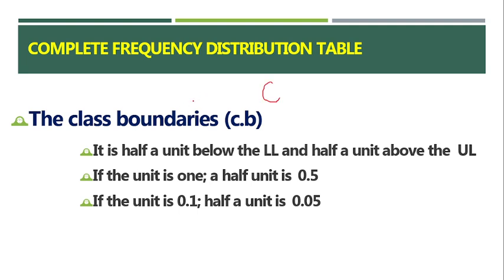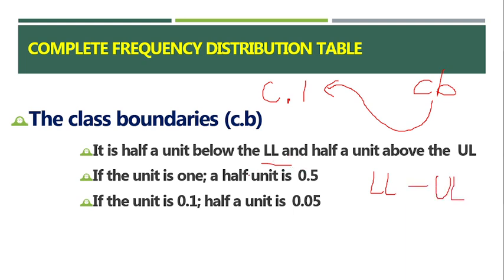If this is your class interval, CI, your CB will depend on your CI. And how is that? It is said that it is half a unit below the LL, if this is your LL to upper limit, lower limit to upper limit.